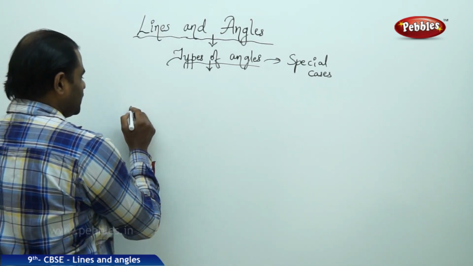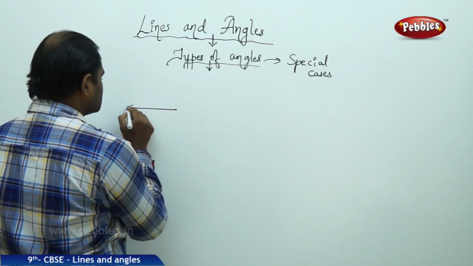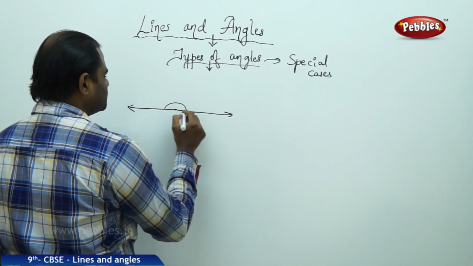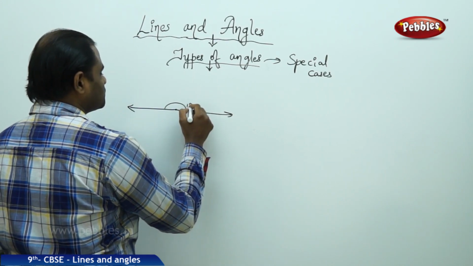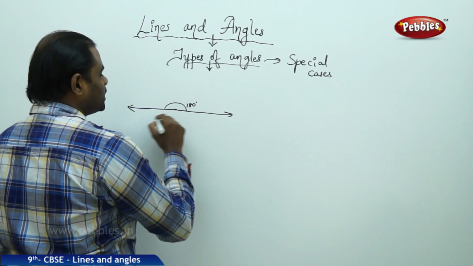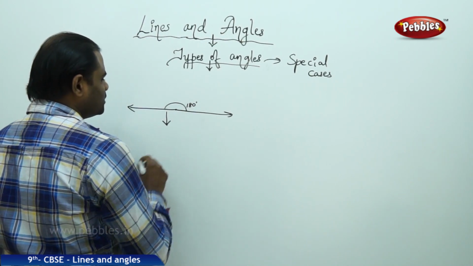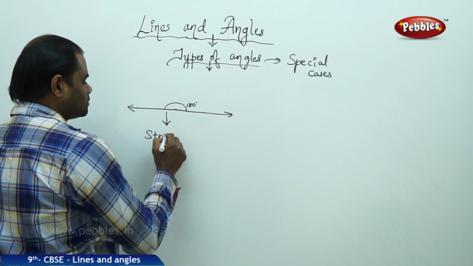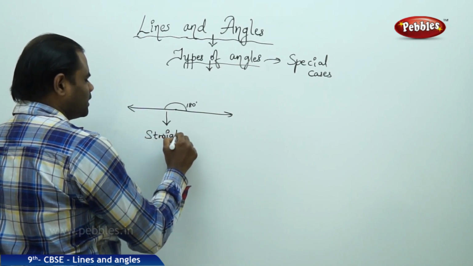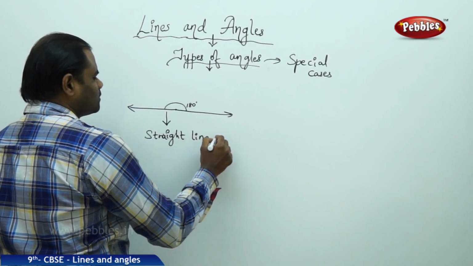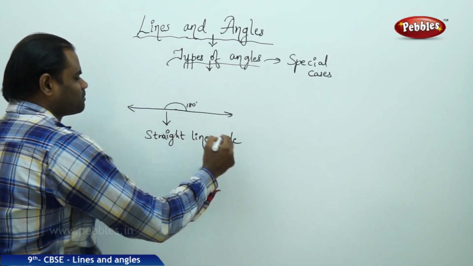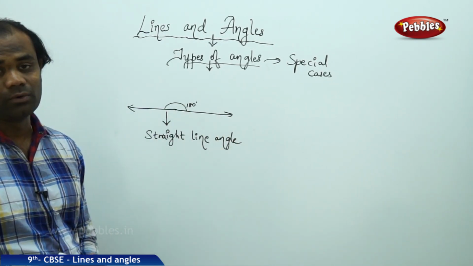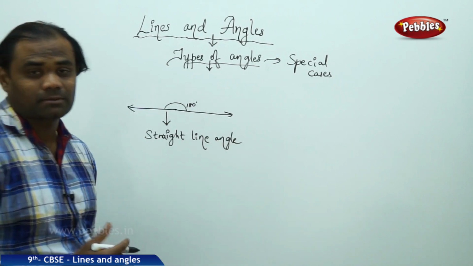Say for example, I have the two rays which make an angle of 180 degrees. So when the angle is 180, then that angle is called a straight line angle, is how we define it for 180 degrees.